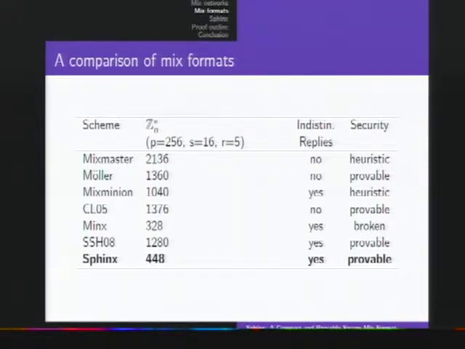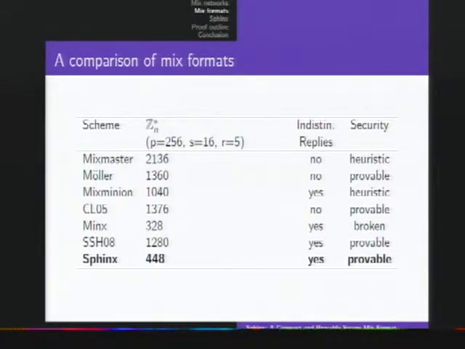So here I've chosen R equals 5, S equals 16, again 16 bytes is 128 bits, so we're talking about the stronger level of security here. I'm talking about P equals 256. Okay, 256 bytes is 2048 bits, and we're going to say that a 2048-bit public key is about the same strength as a 128-bit private key.